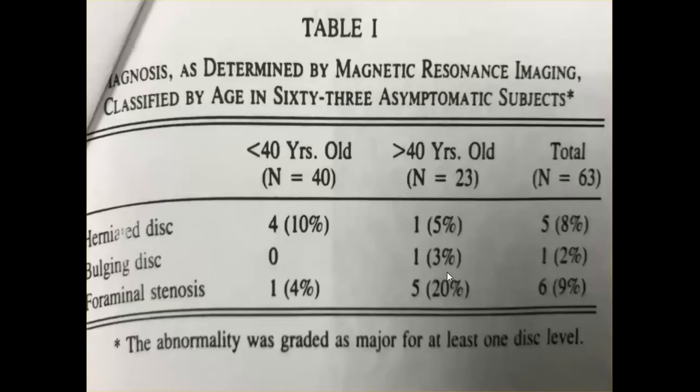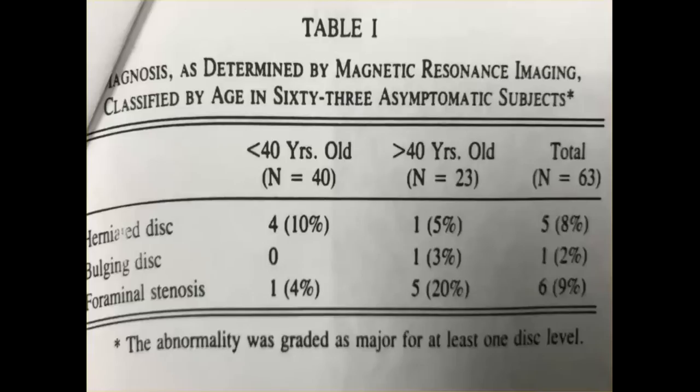So a doctor would get an MRI and say, "Oh, you have a herniated disc, you need surgery," and they will go ahead with the surgery. But this article says, "Wait a minute, 1 out of 20 people have herniated discs and they don't have any symptoms at all, and 1 out of 5 people have foraminal stenosis, they don't have any symptoms at all. So these may be just normal findings in people."